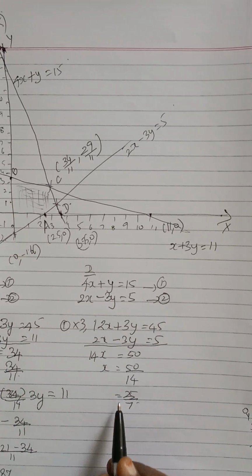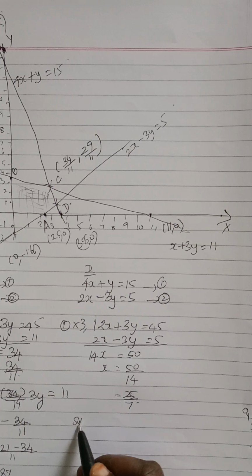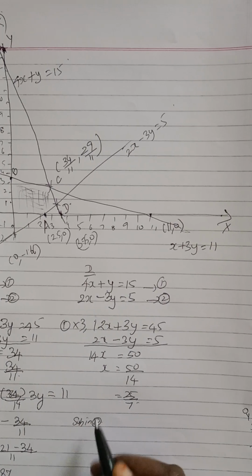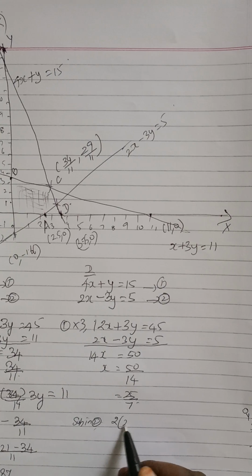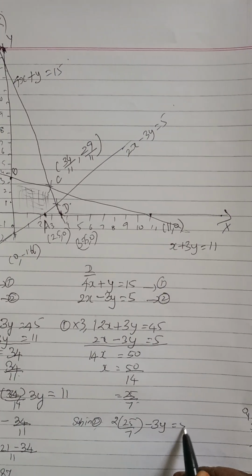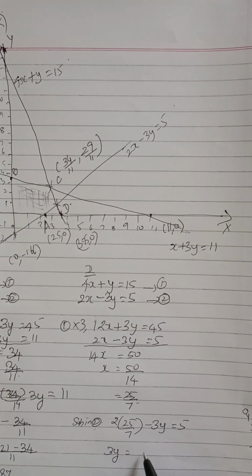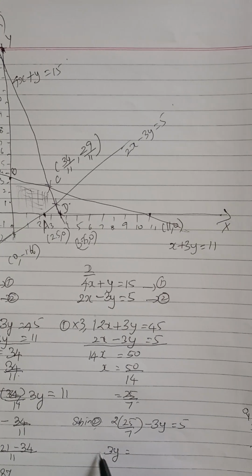So next we can substitute the value in 2. So substituting in 2, we get 2 into 25 by 7 minus 3y equal to 5. So minus 3y equal to 5 minus 50 by 7.